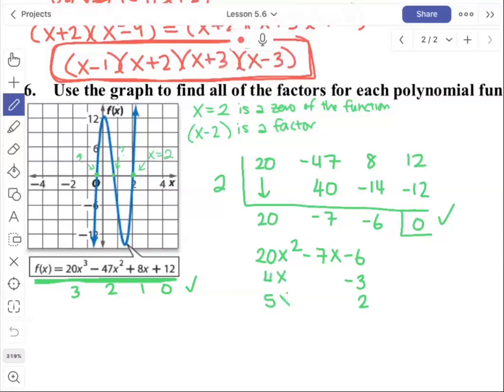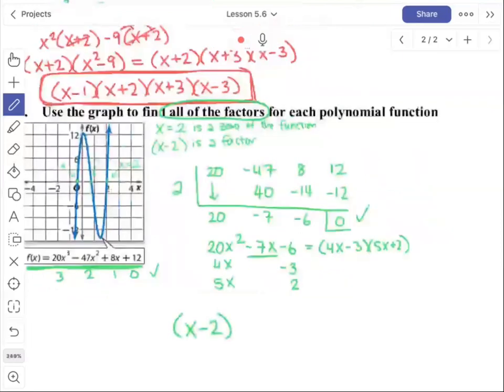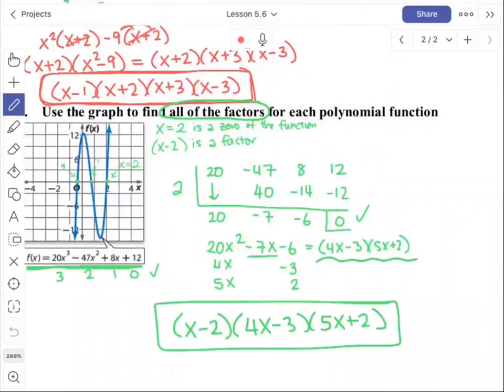Does that work? -15 plus 8. Yep. That one works. When you cross multiply and add, we get that -7. So you get 4x minus 3 times 5x plus 2. And we want to find all of the factors, so then we have our original x minus 2, and then our remaining ones from the depressed polynomial. All right, and that is our final answer.